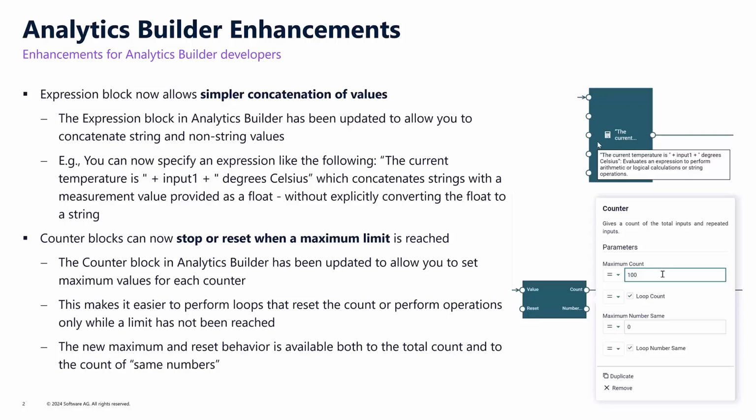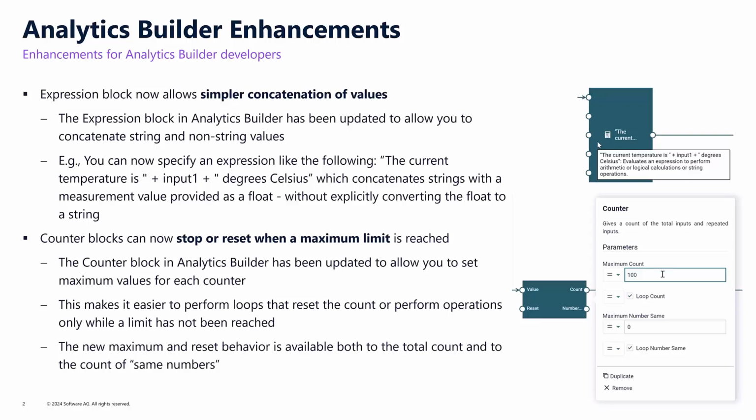Staying with Analytics Builder, the next item is that the counter blocks have been enhanced. So if you use counter blocks to determine that you only do a certain operation a fixed number of times, well, you can now change the behavior of that repeated operation using the counter block so the operation stops after a limit has been reached, or that the operation resets and therefore loops around to repeat the operation a fixed number of times.